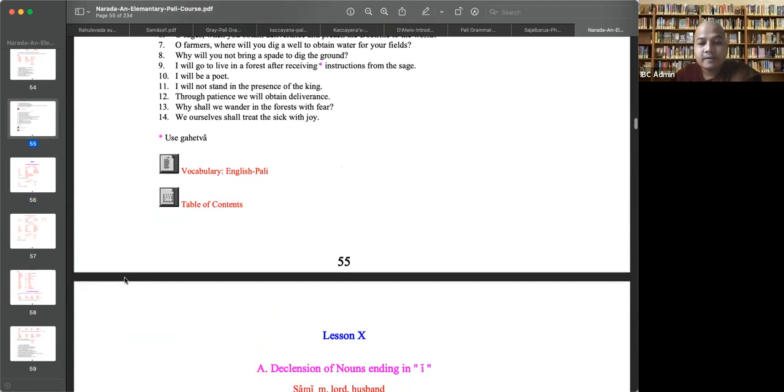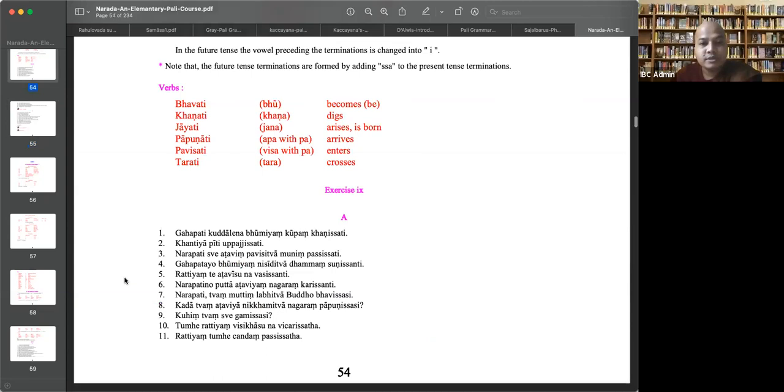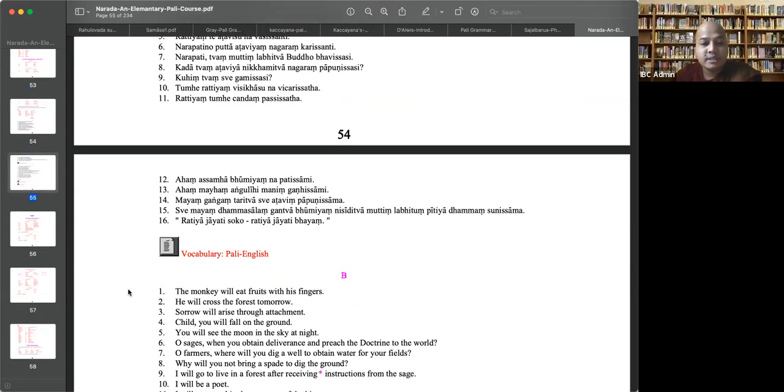Okay. In the case of nouns ending in short e and long e, there are some interesting features that probably you have noticed. I made a chart of most of the declensions. Let me show it to you.